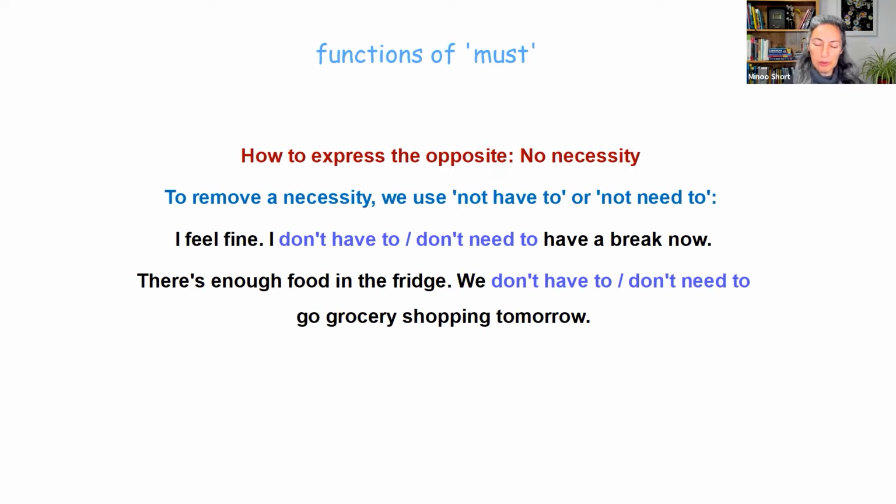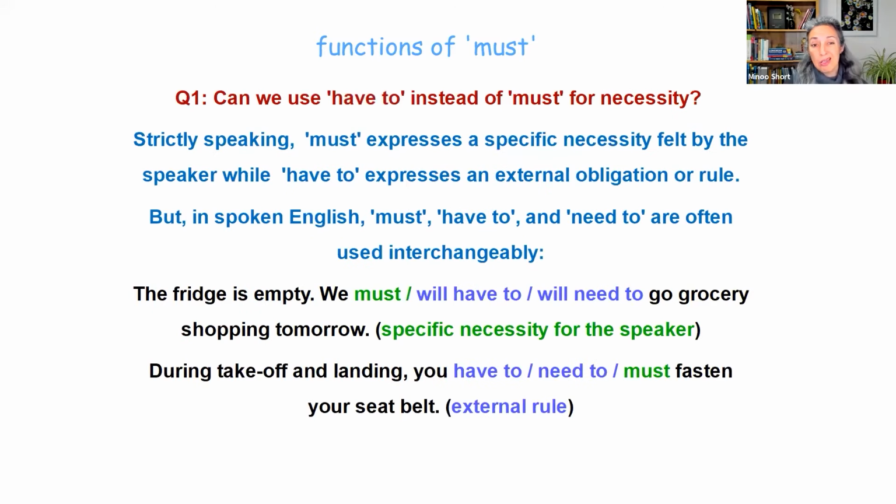So usually after we understand this, that must is a necessity, negative or positive, and to remove it, we have to use don't have to or don't need to, another question comes up, which is, so can we use have to instead of must, also in the positive form for necessity?